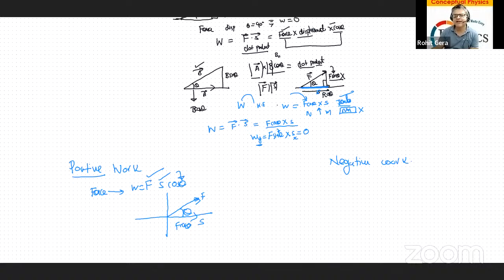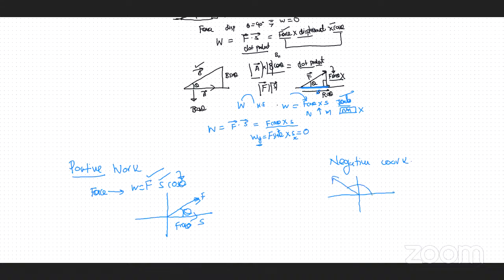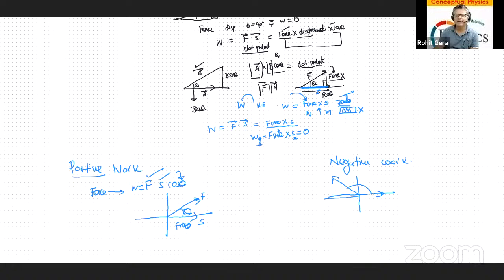But imagine a scenario where the force is getting applied like this, theta is obtuse, and this is something like a friction, right? So the force of friction will not increase the velocity, it will stop it, right? So this is your force of friction, or maybe some frictional force, some opposite force. You're trying to stop some body, so you're trying to decrease its kinetic energy, something like that.